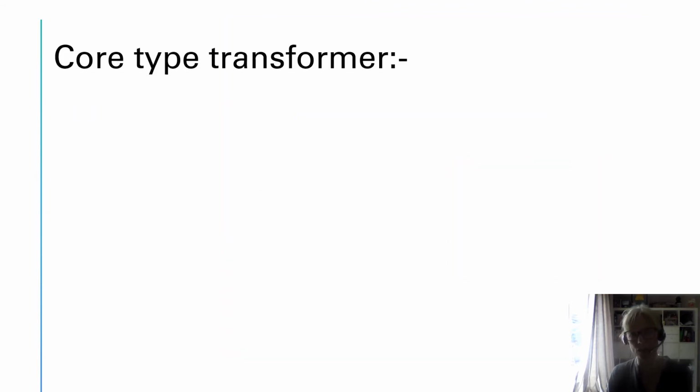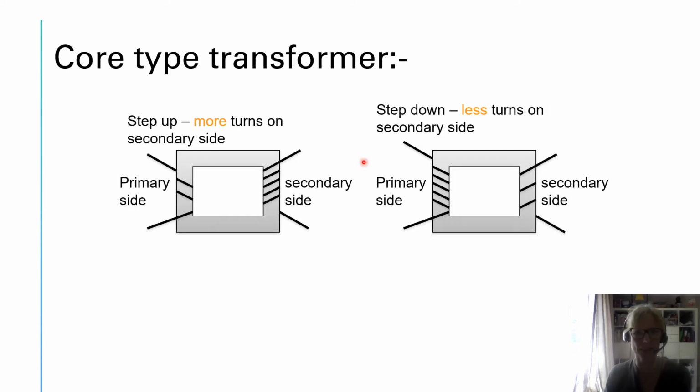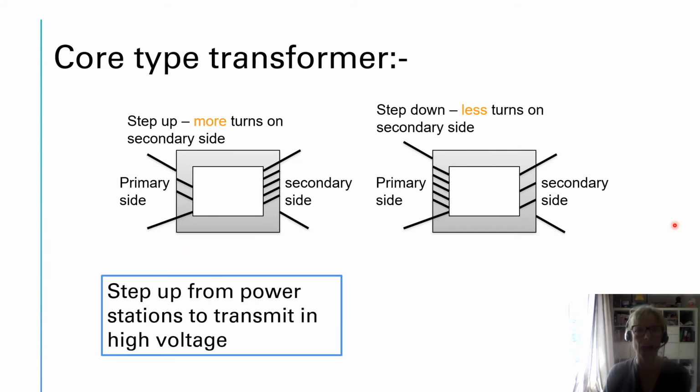So we talked a bit about transformers at the substation, and this is what they look like. On the generation side, you would have the step-up transformer. So that's this one here. And as it says here, it's from power stations and it transmits in high voltage. So you've got the smaller number of windings on the left and the larger number of windings on the right, indicating that you're stepping up that voltage.